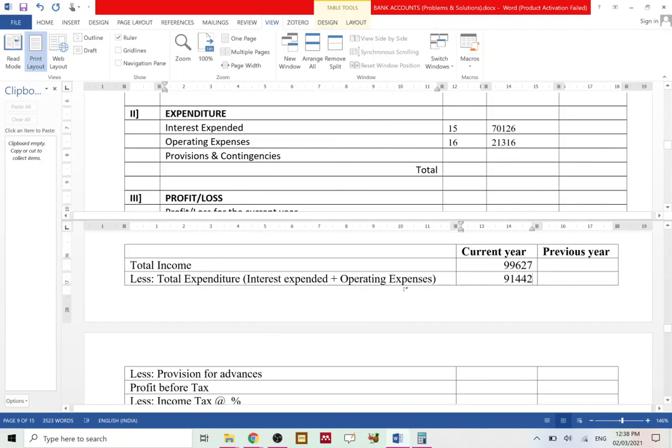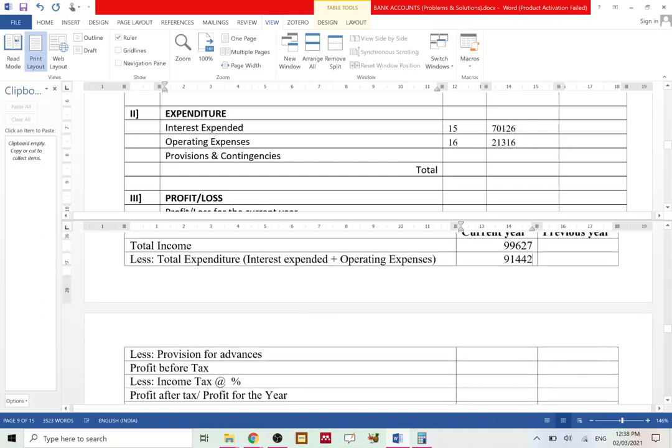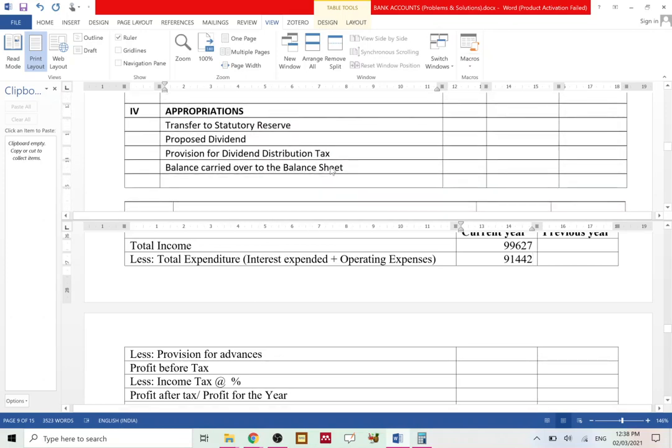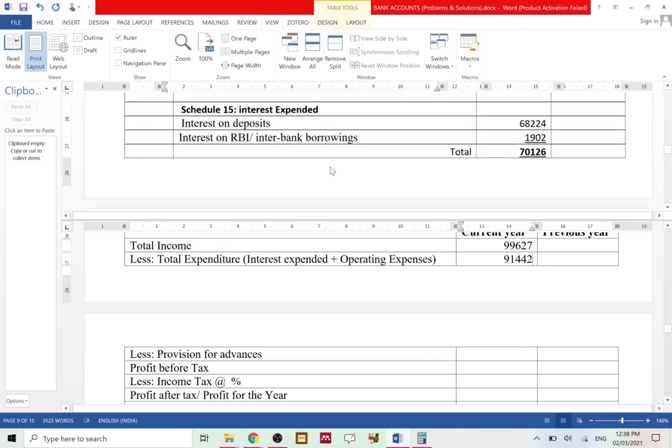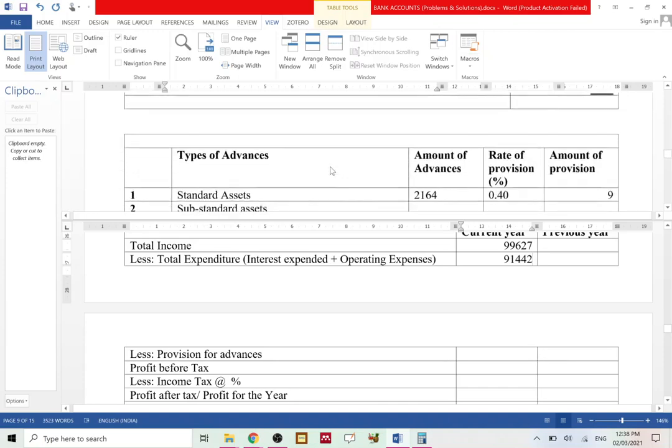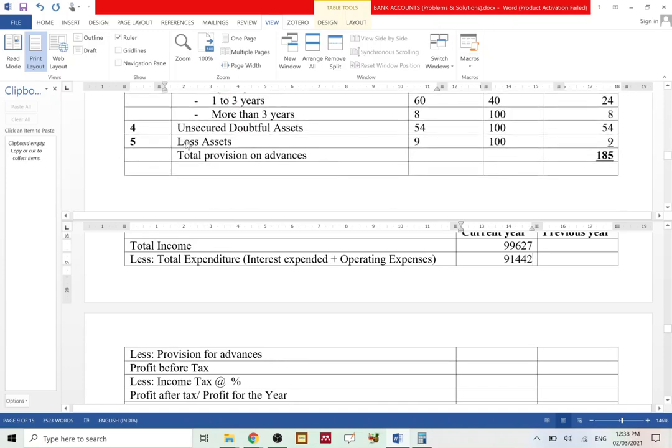Provisions we are yet to calculate, provisions we are yet to add in our calculations. Then from this total expenditure, if there are any other provisions, we also have to minus those. Provisions for doubtful debts, advances, anything that we have. And in this problem, we have calculated provisions on advances. Total is 185.